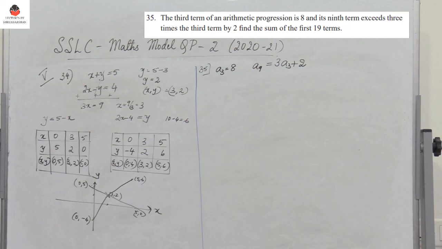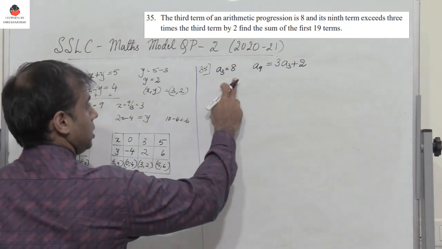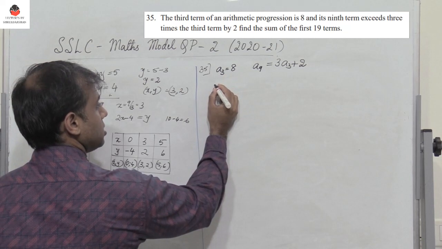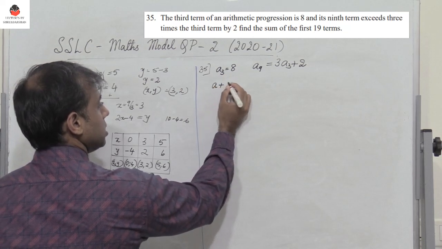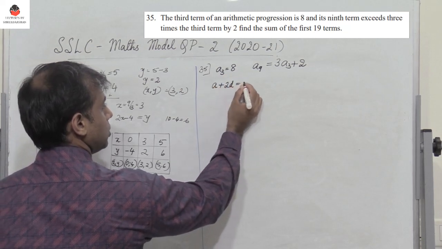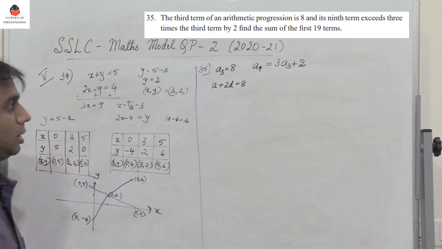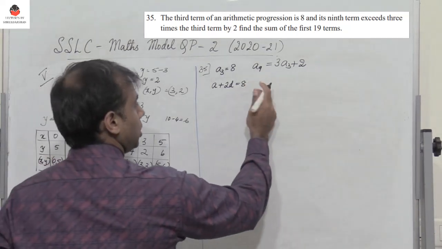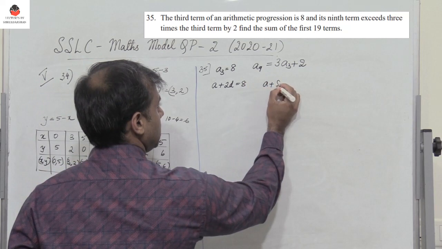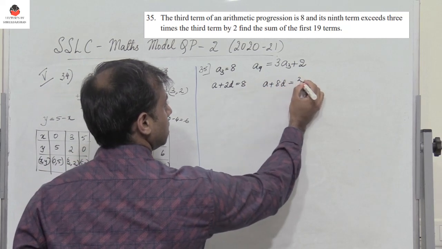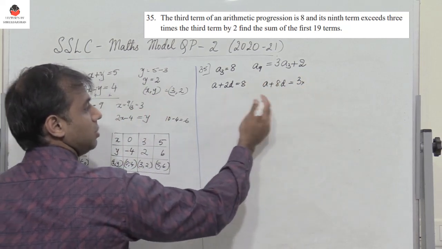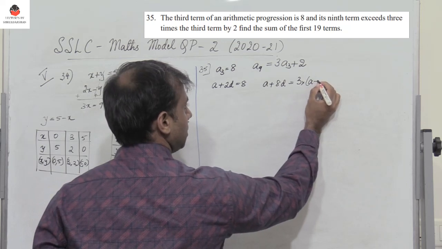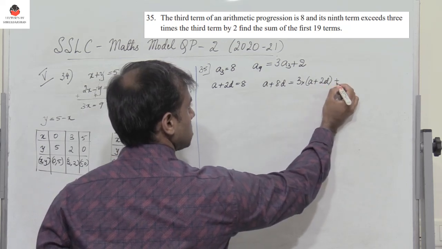So now we need to find the sum of the first 19 terms. So how do we find the sum of first 19 terms? Let us see. So I have this equation. So what is A3? A3 is nothing but A plus 2D equals 8. Right? And what about A9? A9 is A plus 8D equals 3 into A3, which is A plus 2D, so I substitute here A plus 2D plus 2.